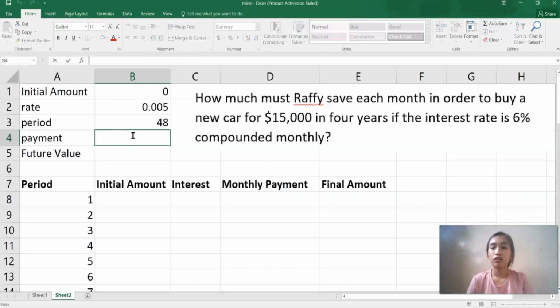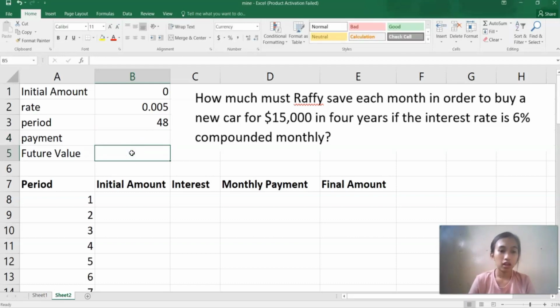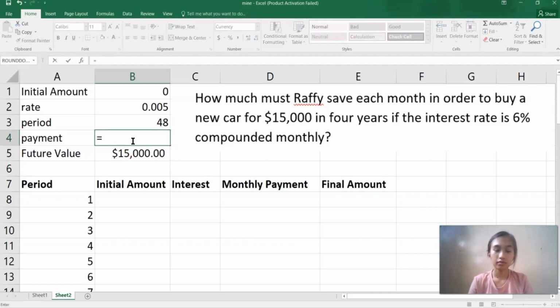And since we are looking for the payment here, the monthly payment, let's just skip it and first take down the future value. So our future value is 15,000. Alright, now to get the payment, we just have to type PMT, open parentheses, and you don't have to worry because again we have the guidelines below.